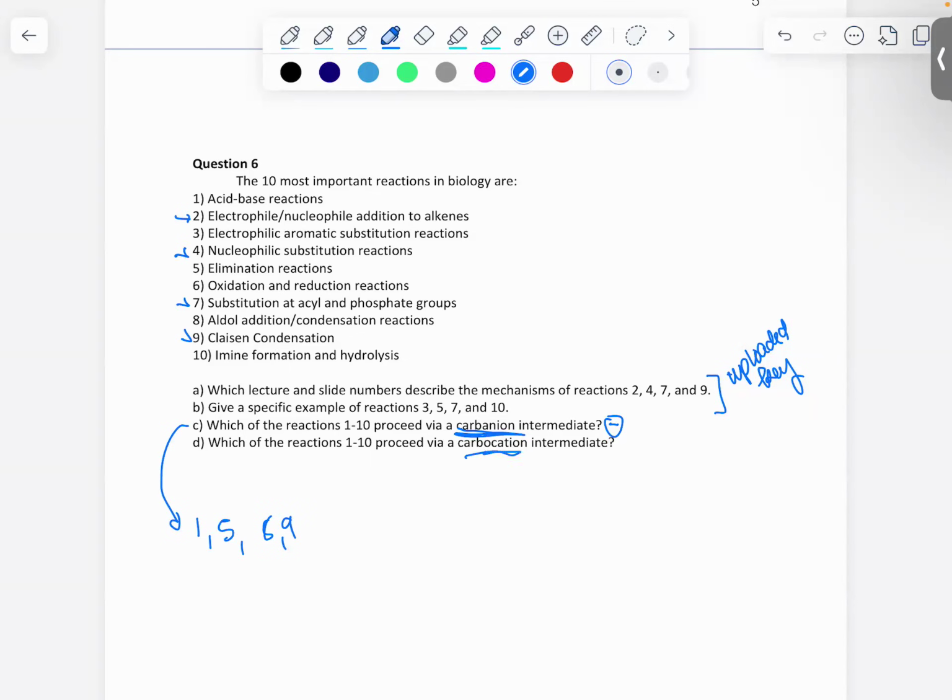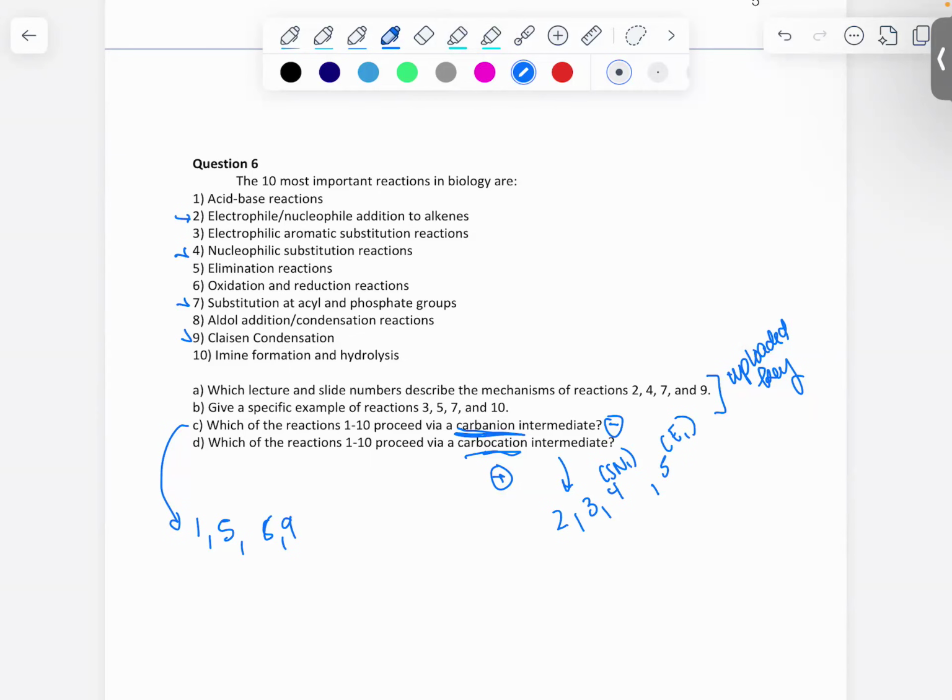Whereas carbocations, those with a positive charge, we can identify our addition to alkenes, our electrophilic aromatic substitutions, our nucleophilic substitutions, but only SN1, and our eliminations, but only E1.